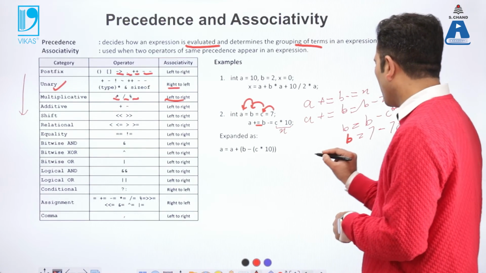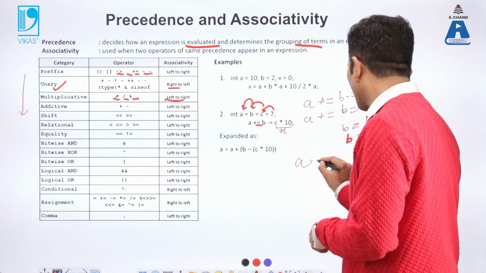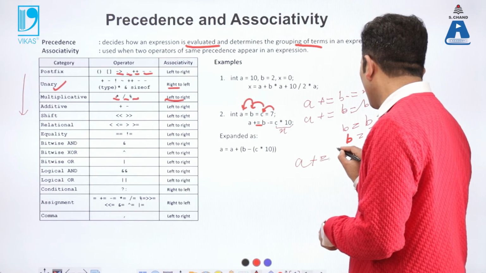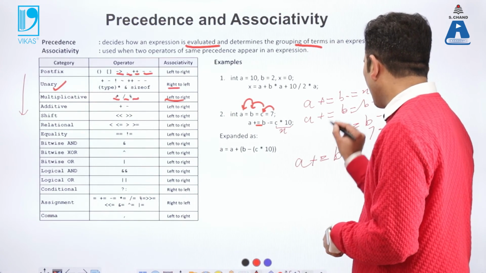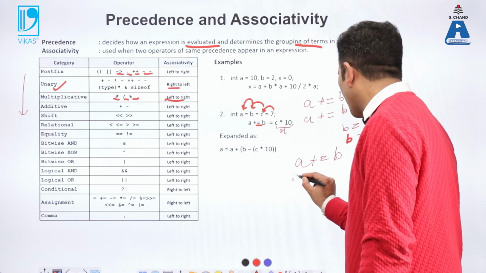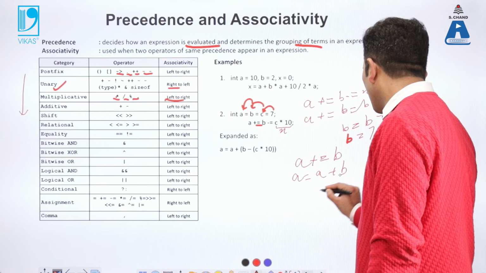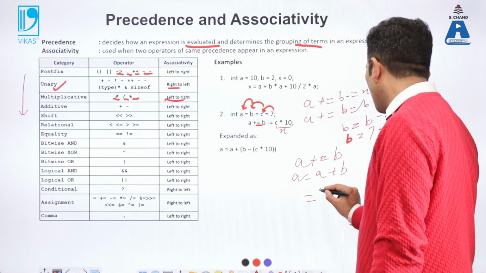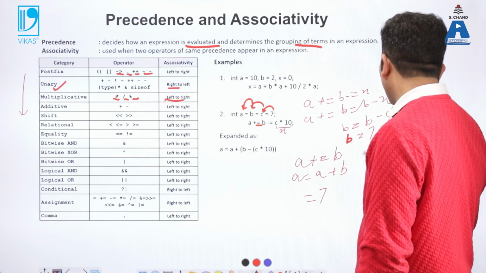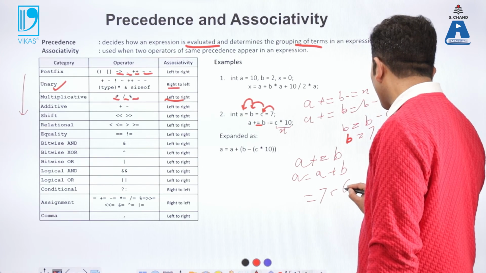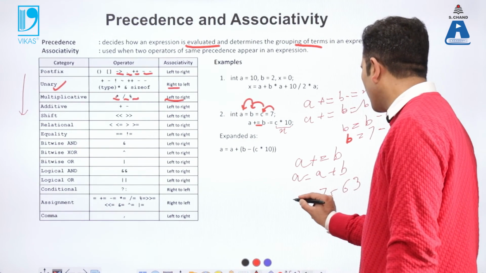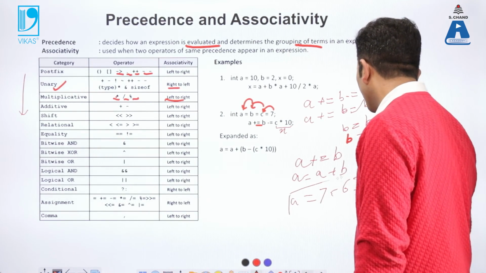Now a plus equal to b becomes a equal to a plus b. The value of a is 7, and the value of b is minus 63, and this is our final output.